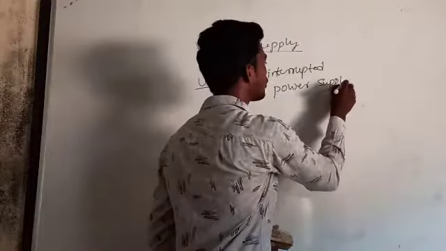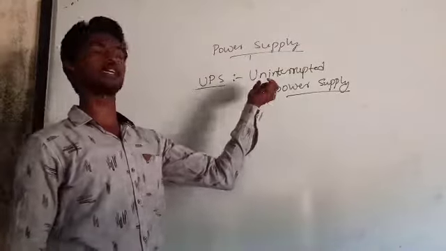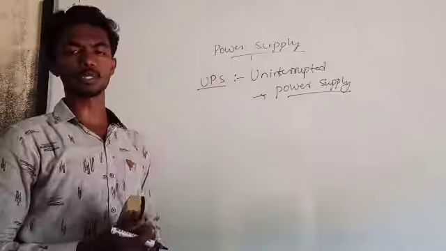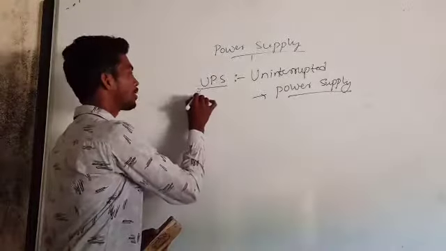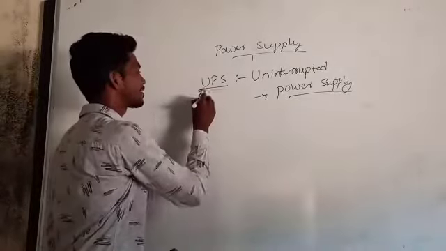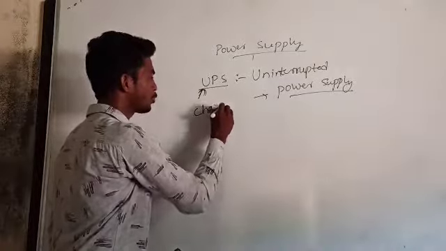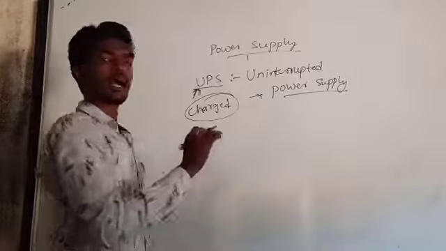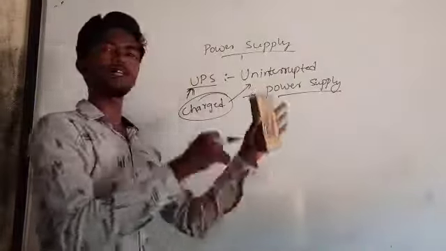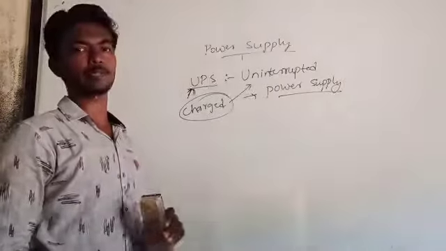It provides power to the computer uninterruptedly: when the general power is on, the UPS gets charged, and at the time of power loss, it will supply the power to the computer.